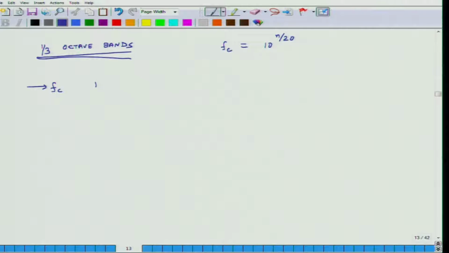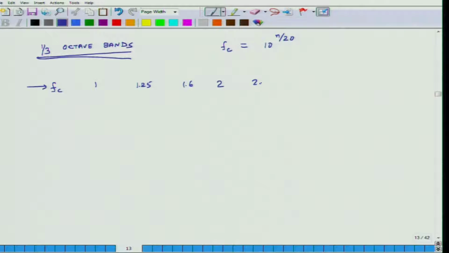Okay. So when n is equal to 0, Fc is 1. When n is equal to 2, this thing is 1.25. When n is equal to 3, this is 1.6. N is equal to 4, this is 2. Okay. So I will write down these values.